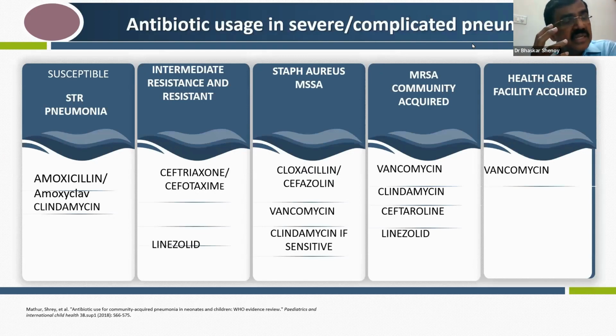If the organism is susceptible Streptococcus pneumoniae, then amoxicillin or amoxiclav. Similarly, if it is intermediate resistant, ceftriaxone. Staph aureus, you use cloxacillin or cefazolin if it is MSSA; if it is MRSA, you can use vancomycin or clindamycin, depending on the clinical situation.